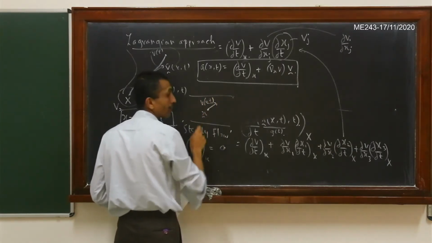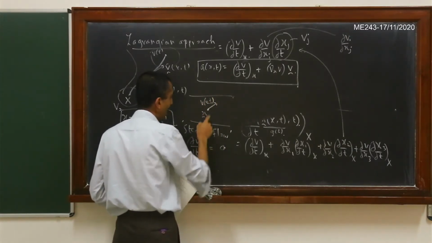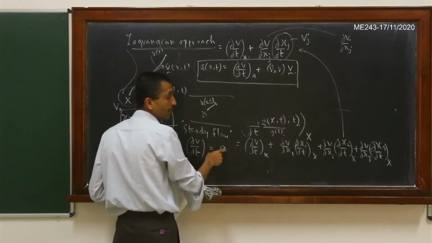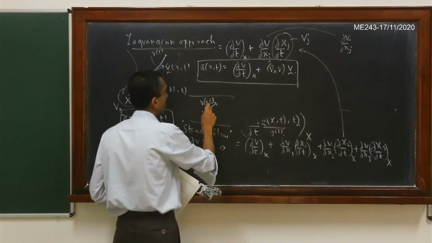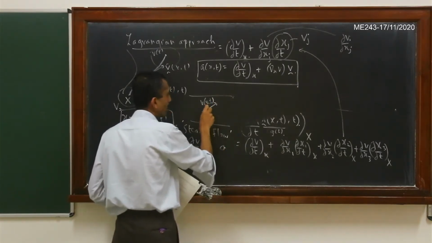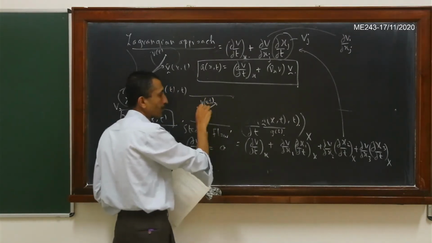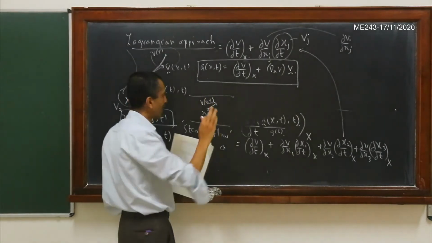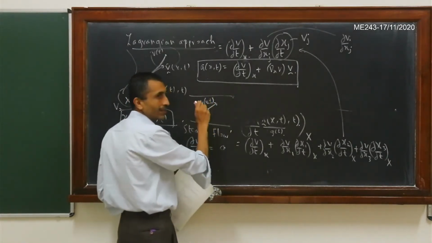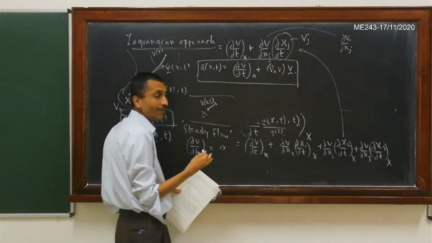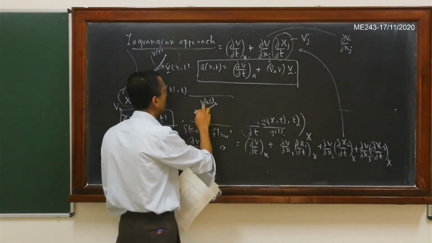It is not a function of t, because del v by del t at a given x is equal to 0. So if you look at this point, it has some velocity, and if I look away and then look at it again, the velocity is still the same, because it is not changing with time.